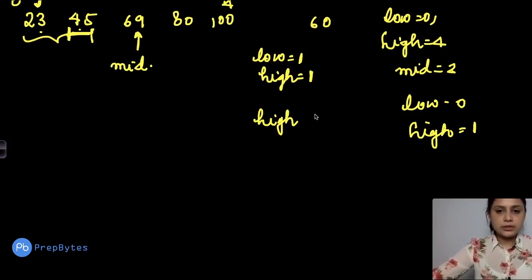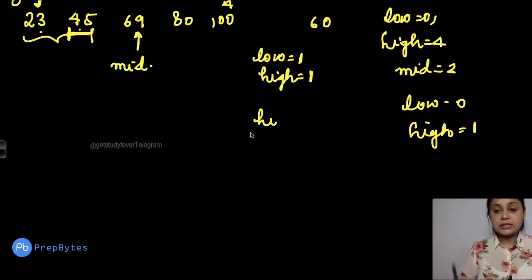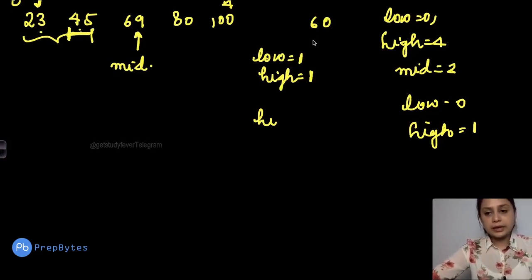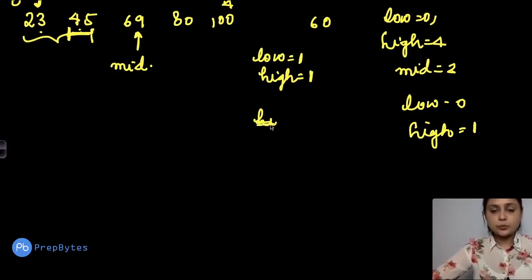In this case 45 is less than 60, so my tendency is to start searching for the element in the second half, because I'm assuming that in the second half the element will be present. So I'll let the high stay as it is, and I'll update my low to mid plus 1.